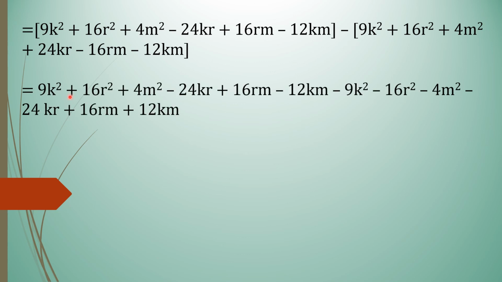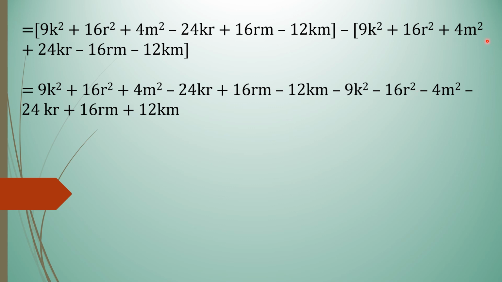So after removing the bracket, we will get the terms like 9k square plus 16r square plus 4m square minus 24kr plus 16rm minus 12km. So this was the first part we have removed. Now this starts the second part. So minus 9k square, it will change the sign as it is minus outside. So plus will become minus 16r square.